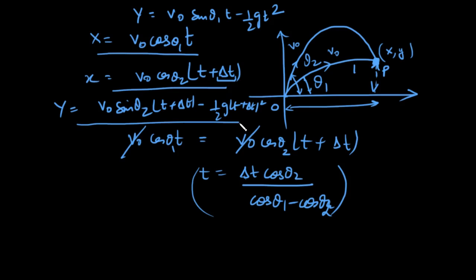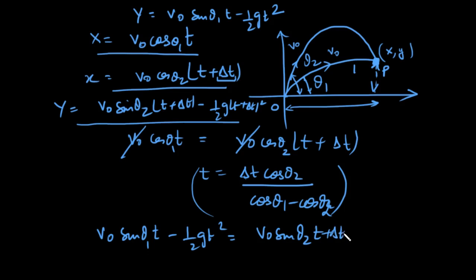Okay, this is the y for the second particle. Since both the y are same, we have to equate. So we have v naught sine theta 1 t minus half g t square equal to v naught sine theta 2 times t plus delta t minus half g into t plus delta t whole square.